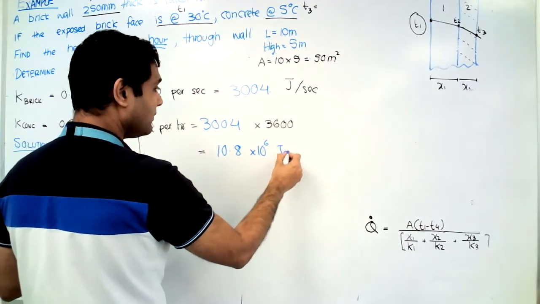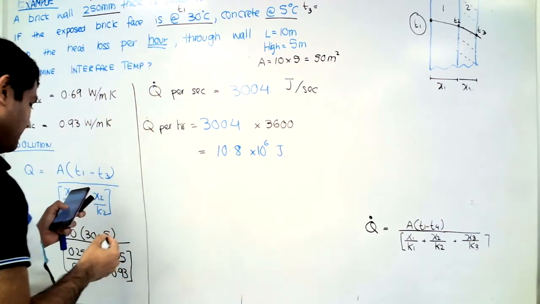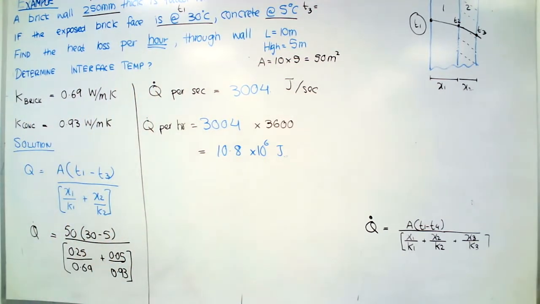That's joules. Okay, that's fine. So this is per hour, the heat loss per hour.